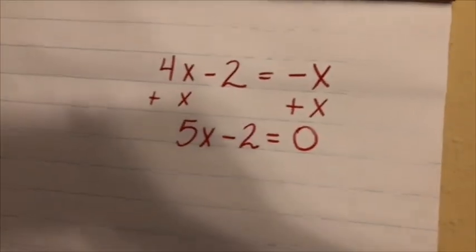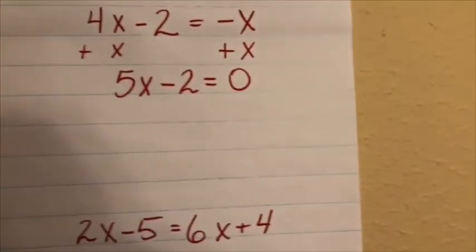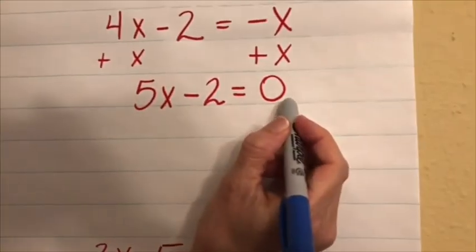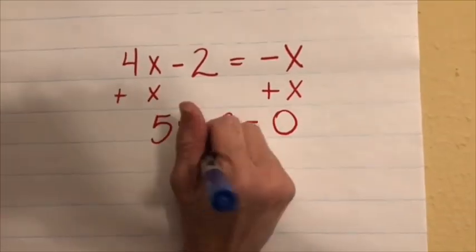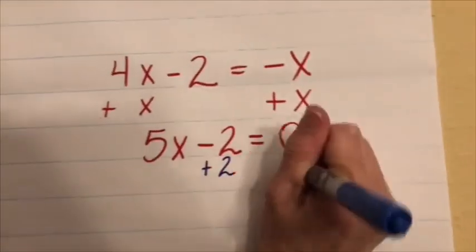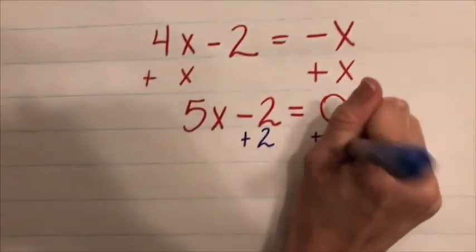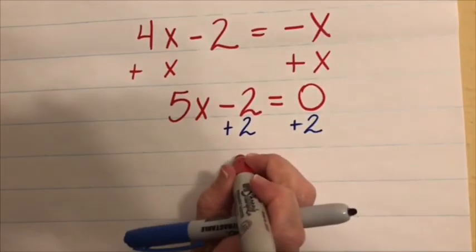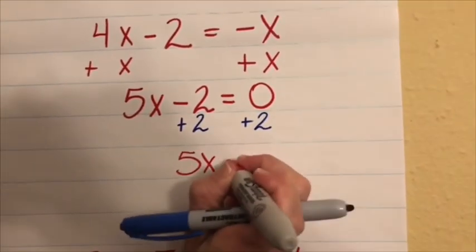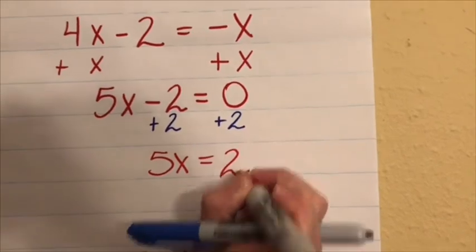Now we've got to get that 2 over to the other side of the equation so that we can figure out what x is. So we have to do the opposite, which means add 2 to both sides. So we end up with 5x on the left equals 2 on the right.